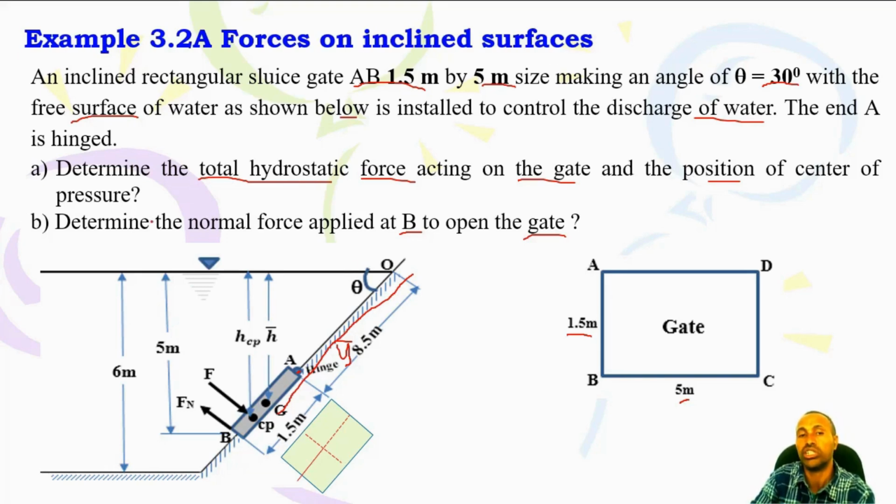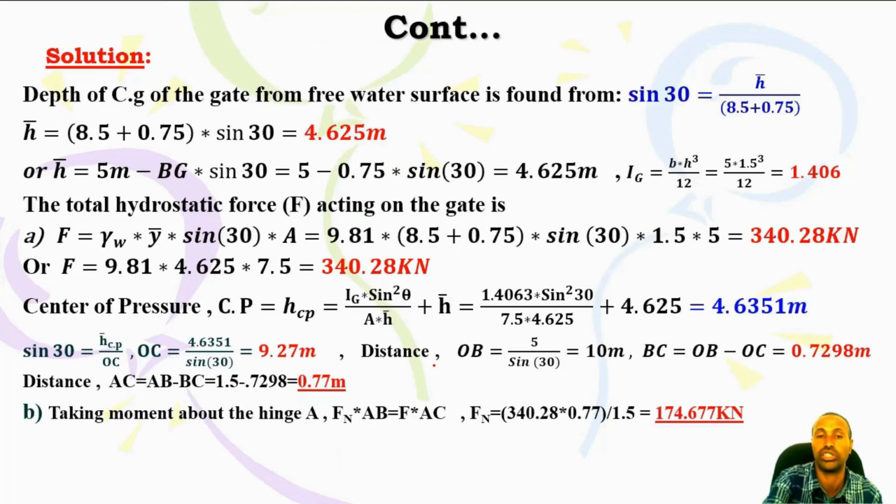The initial step to do this problem is to use geometry or trigonometry relationships. So the solution: the depth of the center of gravity of the gate from the free water surface is found from sine 30 equal to h bar over 8.5 plus this one.